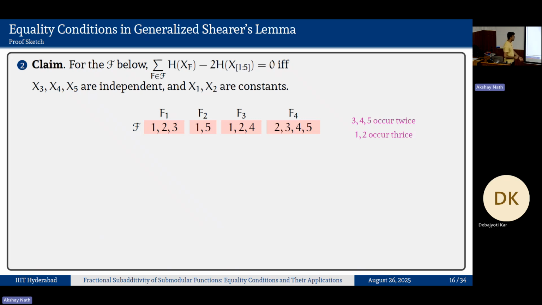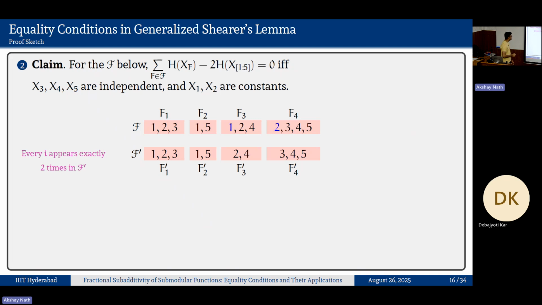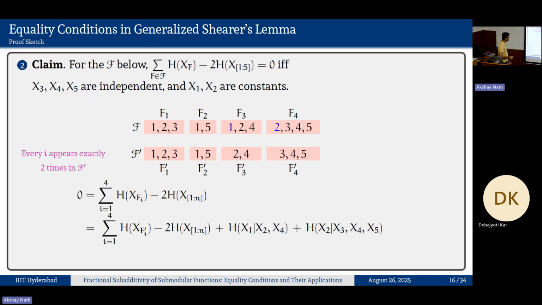One trivial thing that I can do is reduce this family to another family by ignoring these random variables. And here, what I have is a set where each element appears exactly twice. As an example, with this family, I have this equation.